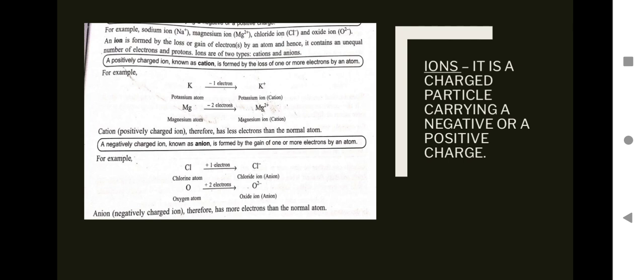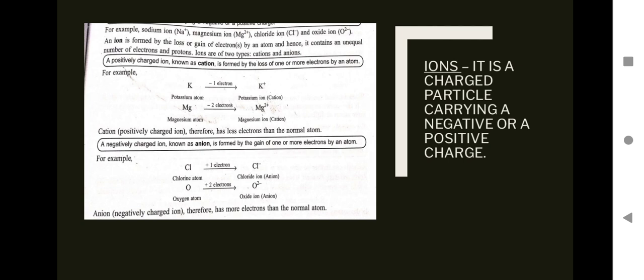The first one is cations. The positively charged ions are known as cations. These are formed when elements lose electrons. Usually metals form cations. For example, Na+ sodium ion, K+ potassium ion, Ca2+ calcium ion, Al3+ aluminum ion.